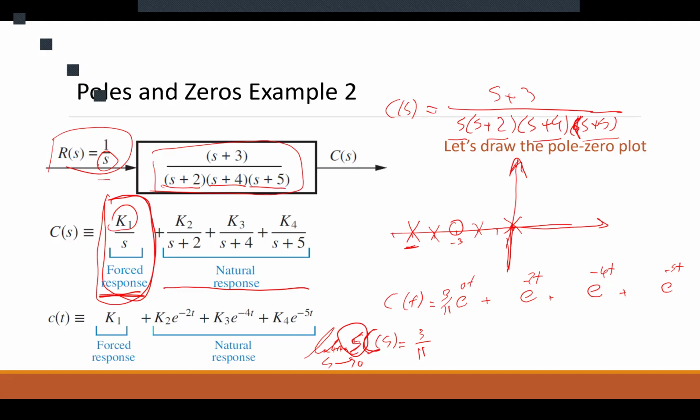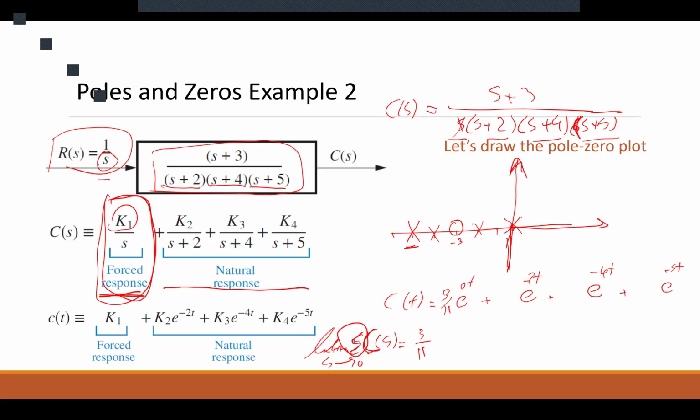So we multiply our S domain function by S, and then take the limit as S goes to 0. If you multiply the function by S, this pole is eliminated.